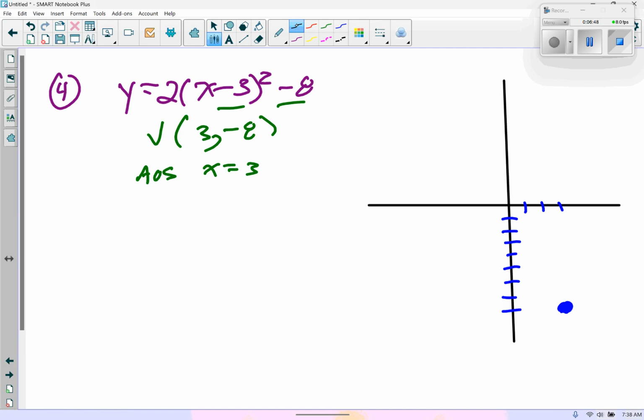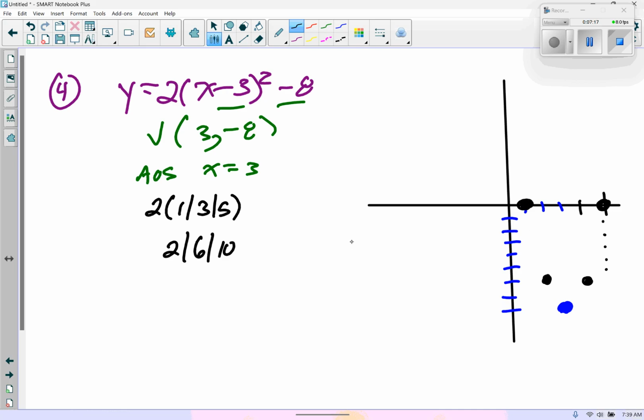My pattern graph, we have a 2 up front. It's going to be 2 times 1, 3, 5, which is 2, 6, 10. So I'm going to go right 1 up 2, left 1 up 2, right 1 up 6, 1, 2, 3, 4, 5, 6, and left 1 up 6.